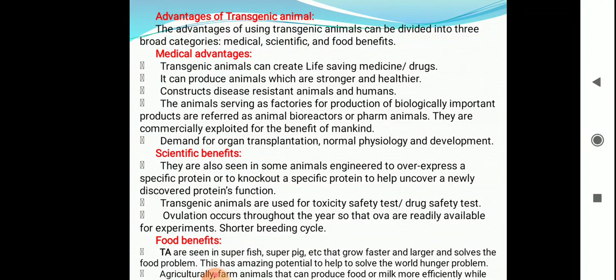Okay. Next, food benefits. Transgenic animals are seen in super fish, super pig, etc., that grow faster and larger and solve the food problems.